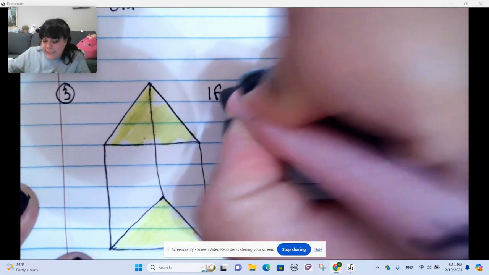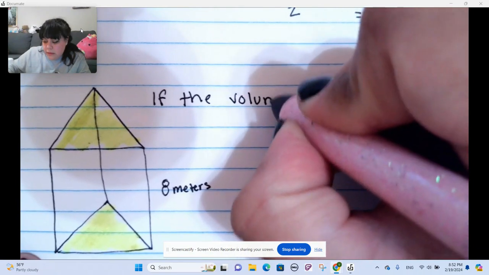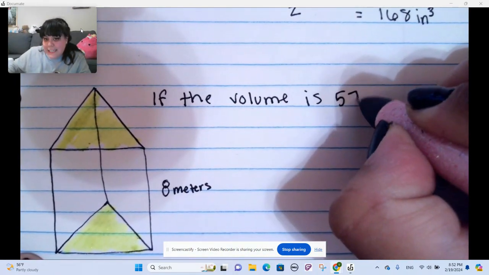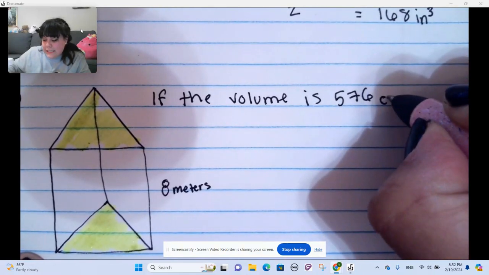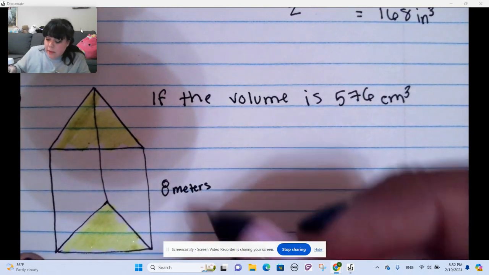So my problem says, if the volume is 576 centimeters cubed. So we already have the volume.